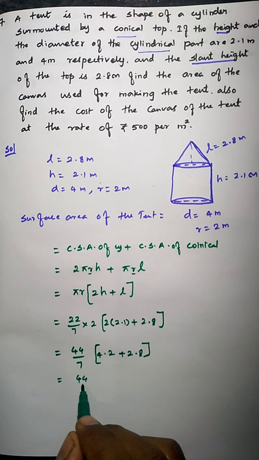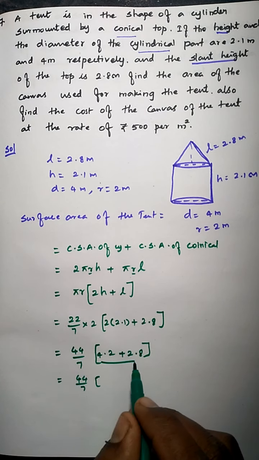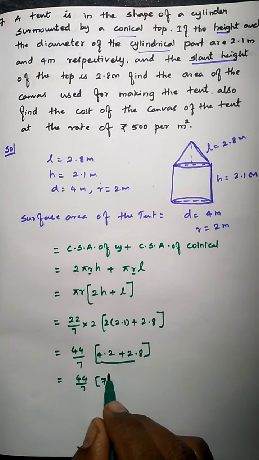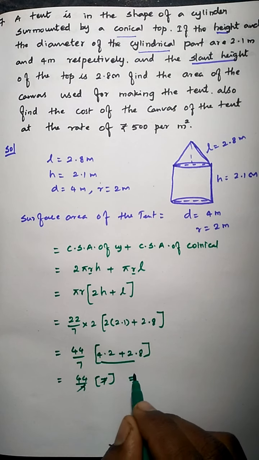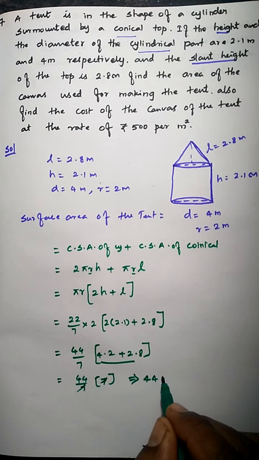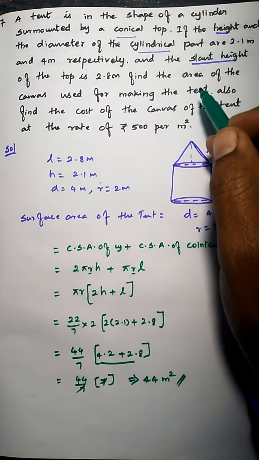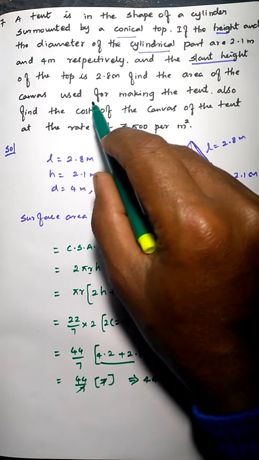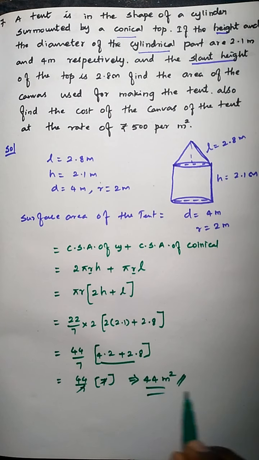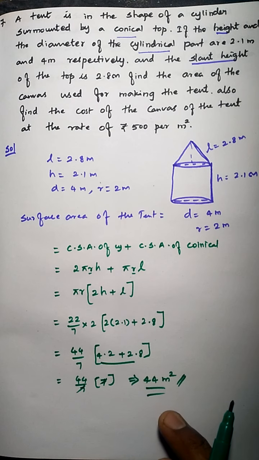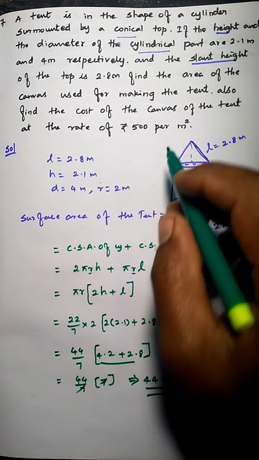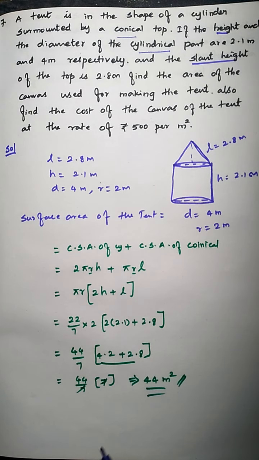Then 44 by 7 into, if you add this you will get 7. 7 gets cancelled, so remaining you have 44 meter square is the surface area. Now see here, we found the area of the canvas used. We need 44 meter square, and we have to calculate the amount.